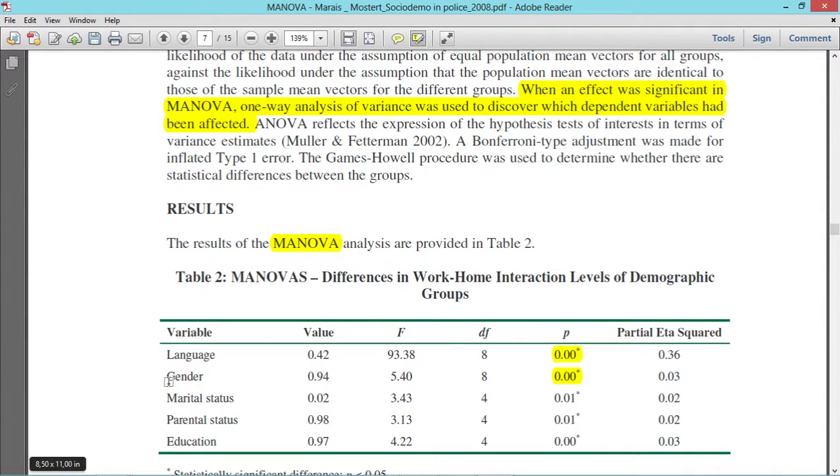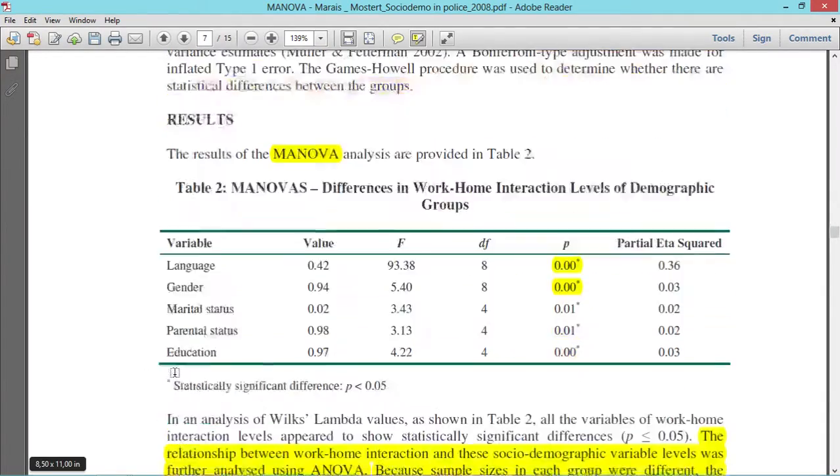So then we'll go to the ANOVA table for gender to explore how those levels differ among the gender groups. And by those levels, I'm referring to the levels of work-home interaction. Okay, so there we go. We saw a significant p-value for gender under the MANOVA table. So we're going to go to ANOVA.